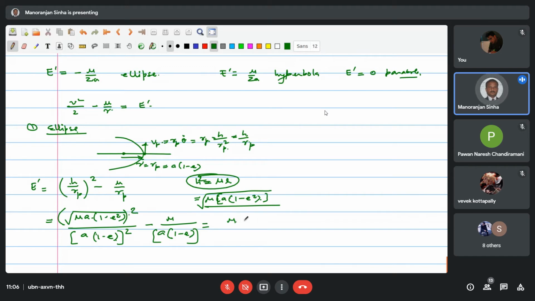The squaring gives us mu times a times 1 minus e square divided by a square times 1 minus e square, minus mu by a times 1 minus e.